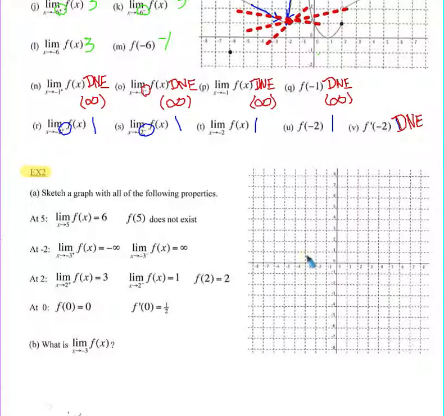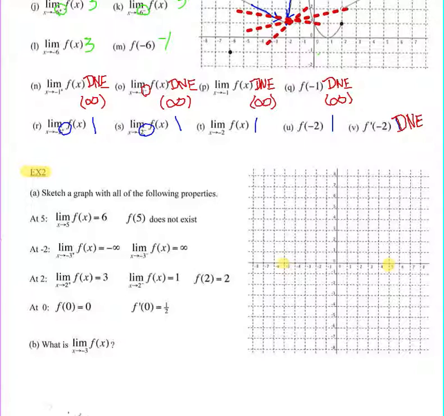All right, so you're going to sketch some sort of graph here that meets these conditions, right? At the point 5, at 5 down here, the limit of the function has got to be 6. And the value of the, 5 isn't over here, 5 is over here.